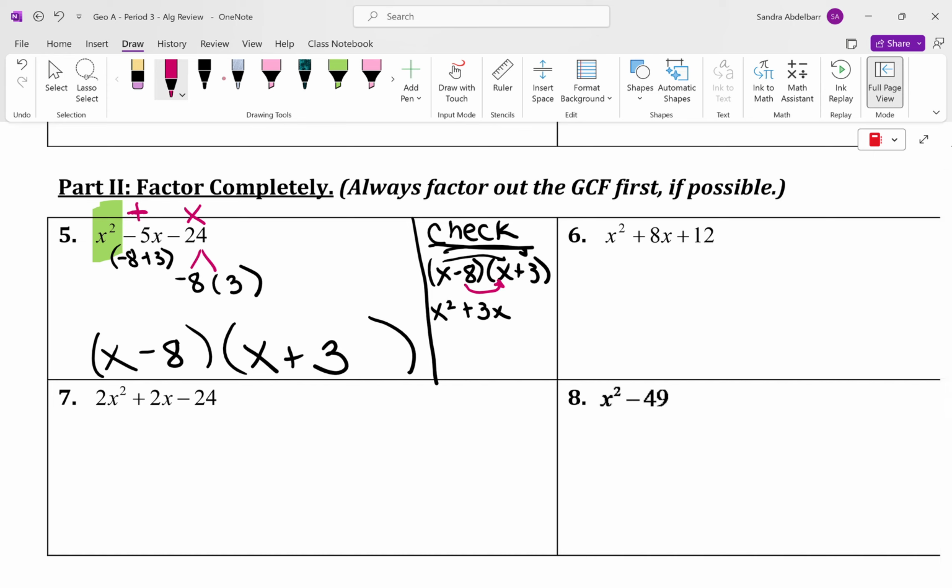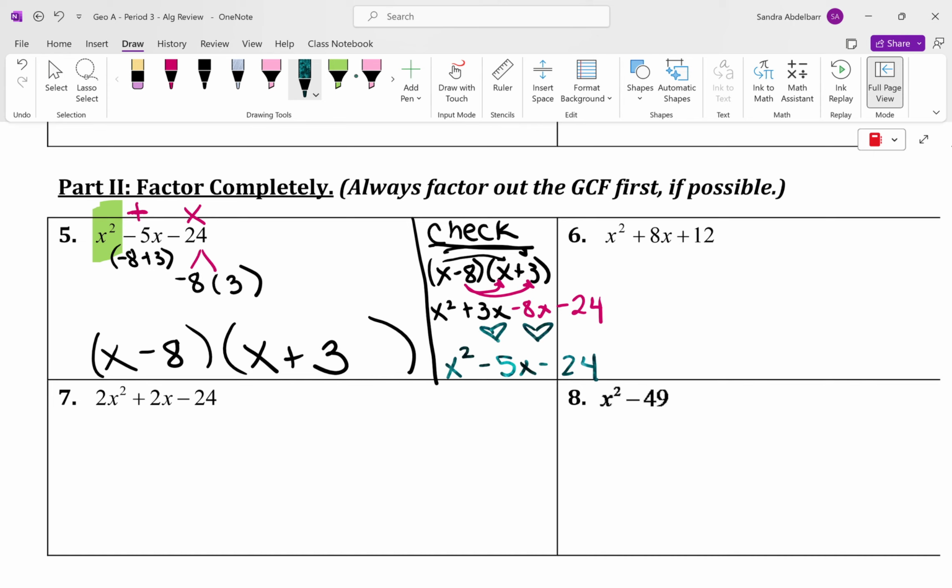X times 3 is a 3x. Then we're going to have negative 8 times x is a negative 8x, and negative 8 times 3 is a negative 24. We're going to combine our like terms, 3x and negative 8x. So we have x squared minus 5x minus 24.